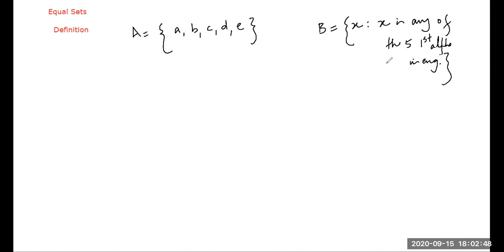So obviously it means the first 5 alphabets are A, B, C, D, E.